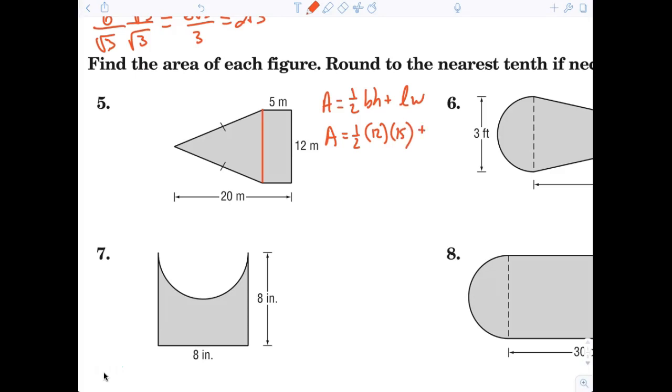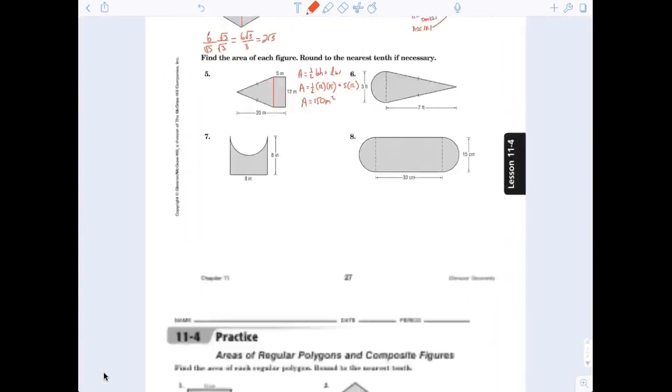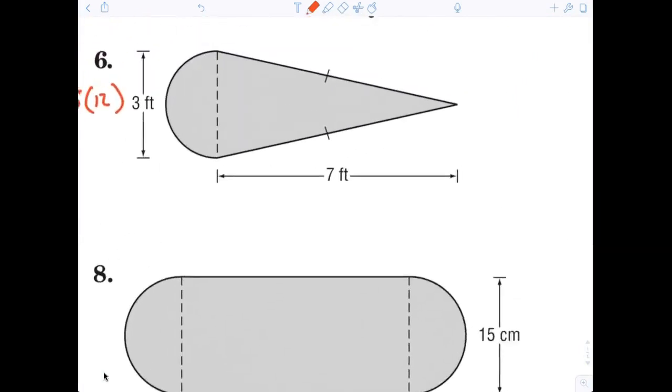And then the length and the width. 9 and 6. So now multiply that out for me. How much? 150. 150 meters squared. Not bad, correct?